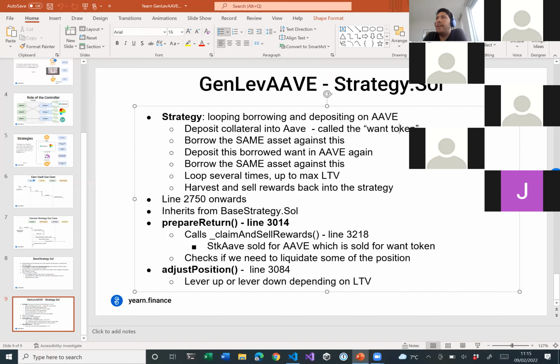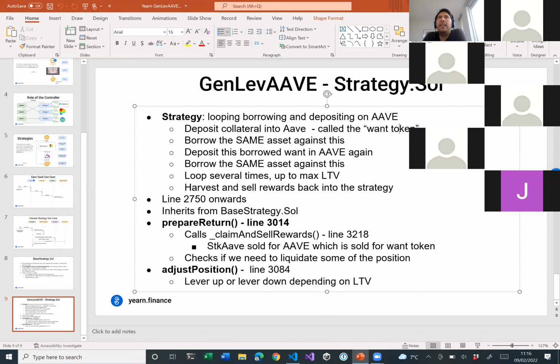Now, what happens here, let's do an example. Let's say you want to deposit 100 DAI. Rather than just doing it once and then earning, say, 10%, for example, as your interest, what they're doing here is depositing the 100 DAI, and then levering that up to, say, 75% loan to value, something like that.